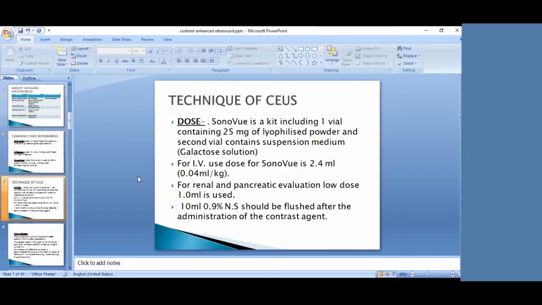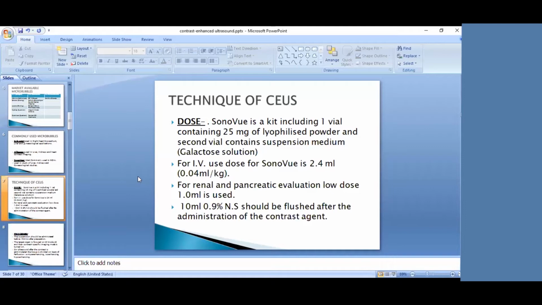Now, how will we use contrast enhanced ultrasound agents? First, the dose. Sonovue is a kit including one vial of powder containing 25 milligrams of lyophilized powder, and a second vial containing the suspension medium, which is a galactose solution.